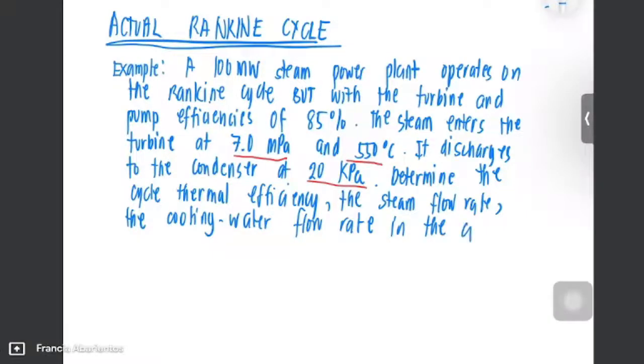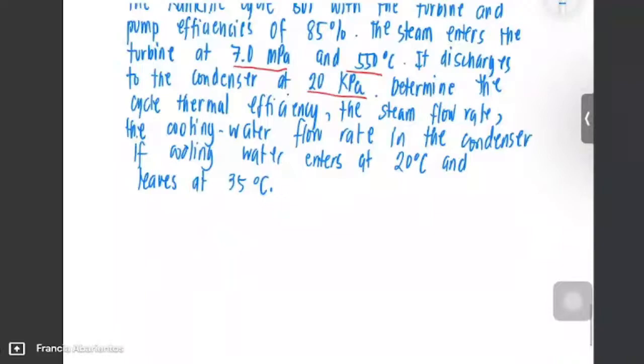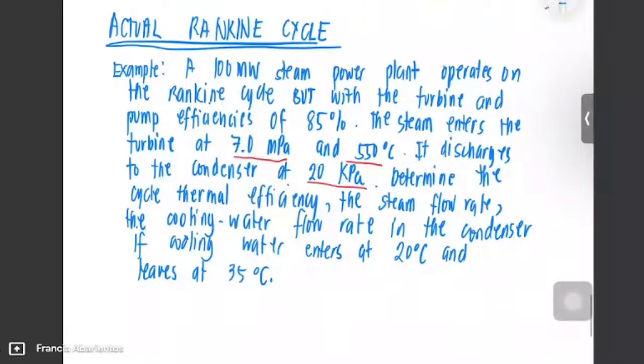Ayan. If given sa atin yung cooling water properties, ayan, enters at 20 degree and leaves at 35 degrees Celsius. Okay. Yan same lang sa atin, but ano yung mga additional given sa atin?